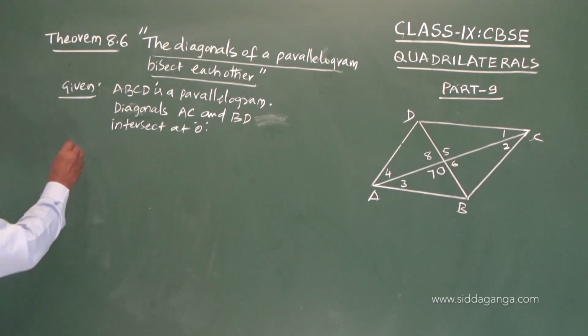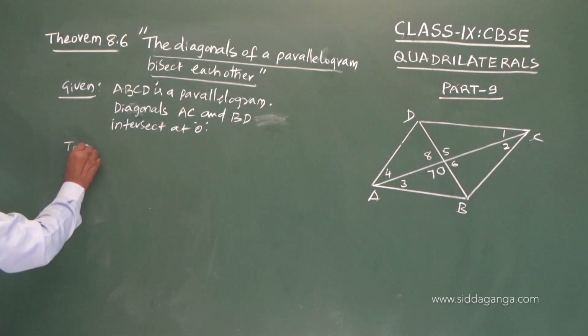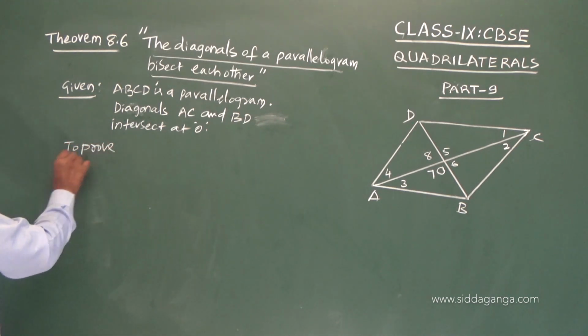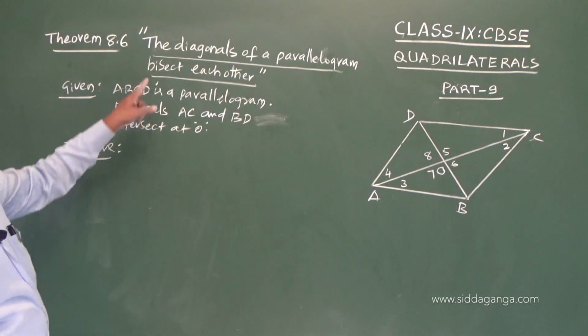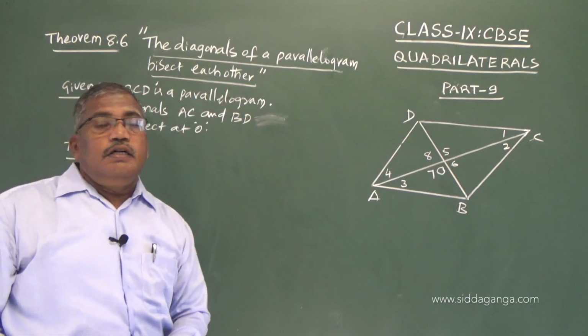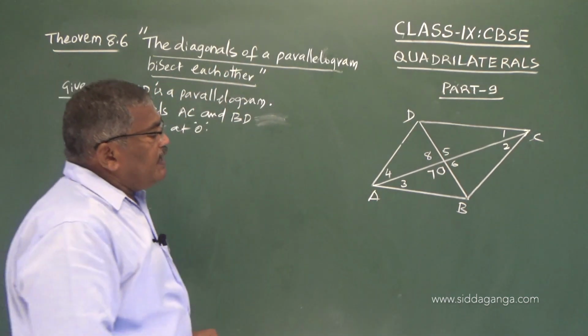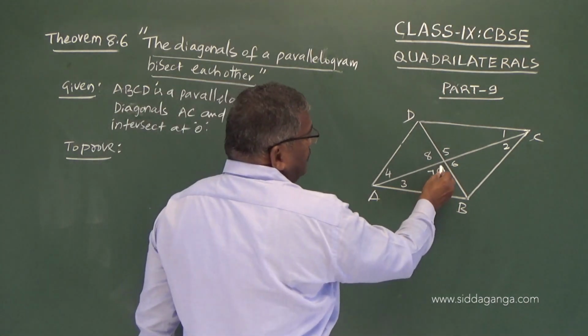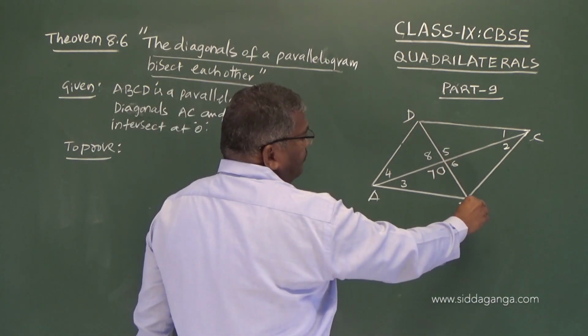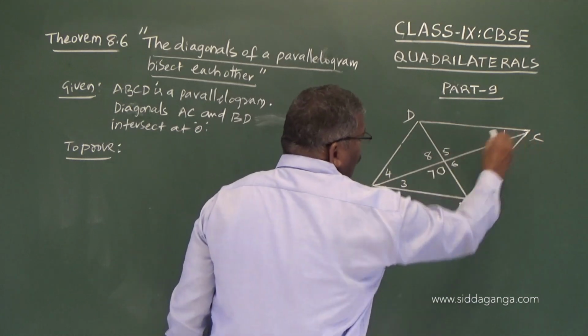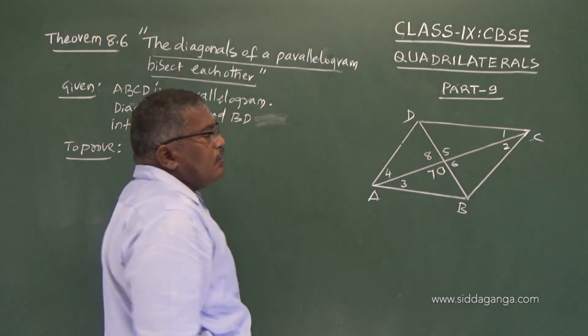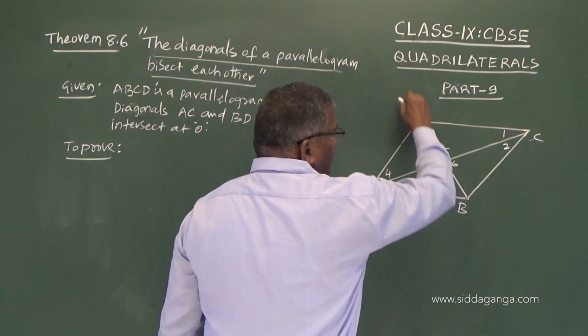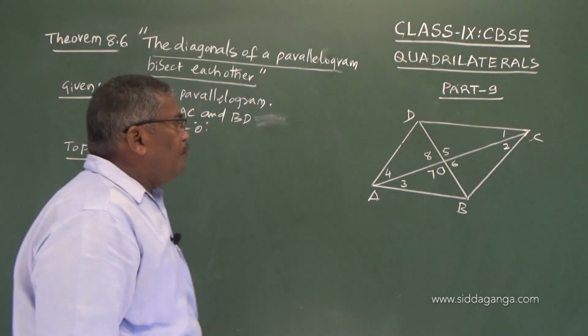To prove: you observe here, bisect each other, that we have to prove. Bisect means that BD divides AC into two equal parts, and AC divides BD into two equal parts.